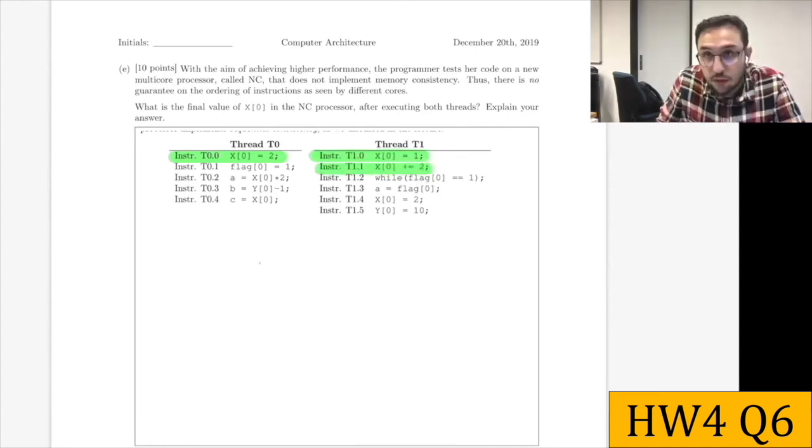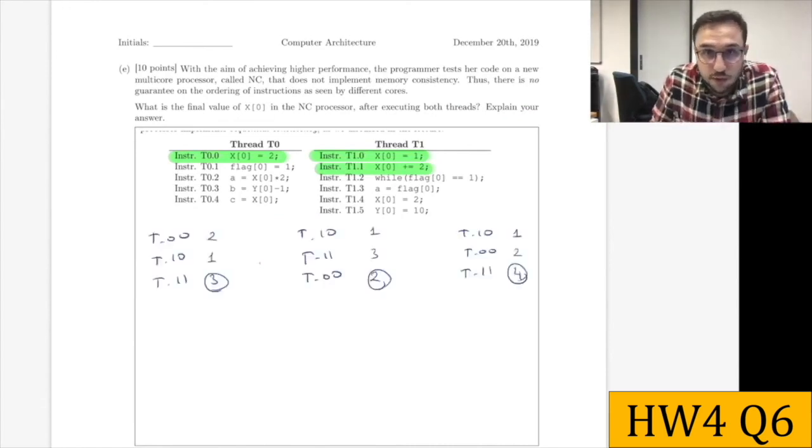Earlier we made the assumption that T11 always executes after T10. But from the perspective of core 0, we can also observe that T11 executes first and then T10 executes. In the second part of the question, there were these three possible orderings of these instructions. Now we also need to consider the cases where T11 executes before T10.